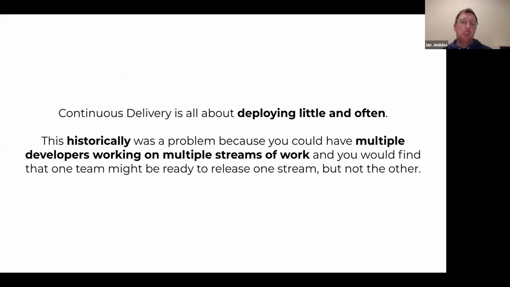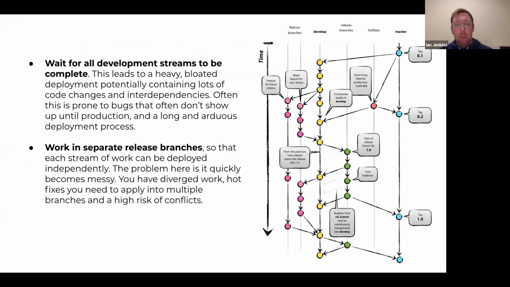Continuous delivery is all about deploying little and often. Now, historically, this was a bit of a problem. If you had multiple developers or multiple teams working on different features or different streams of work, then when it came to releasing, it was problematic. Some of the solutions that evolved from that: one was sometimes you just have to wait.